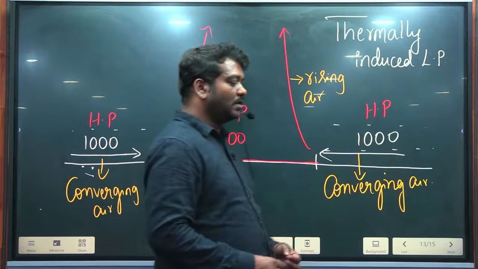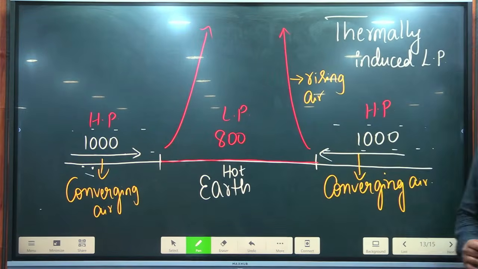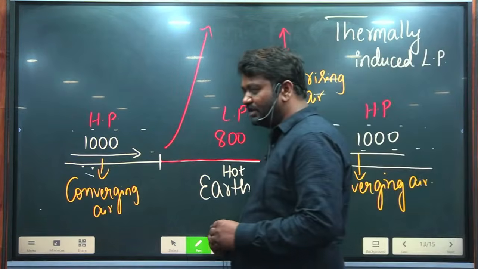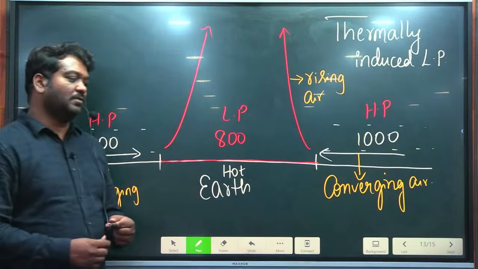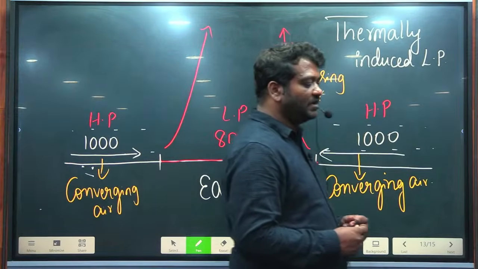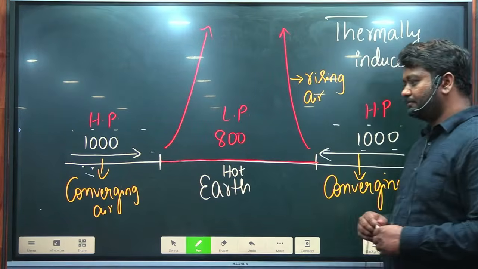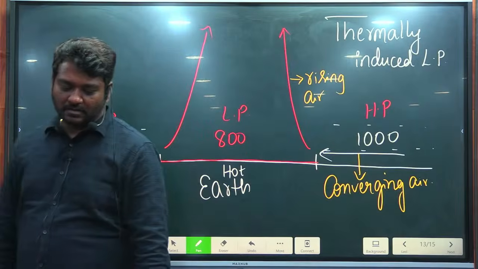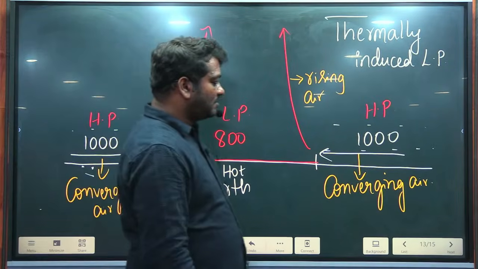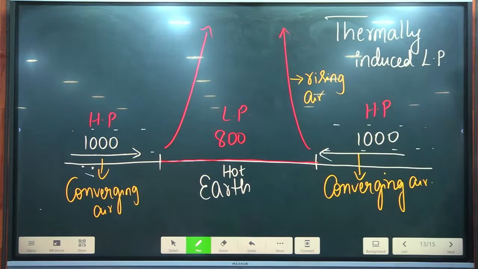So high temperature near the earth's surface leads to converging and rising air, called thermally induced low pressure.